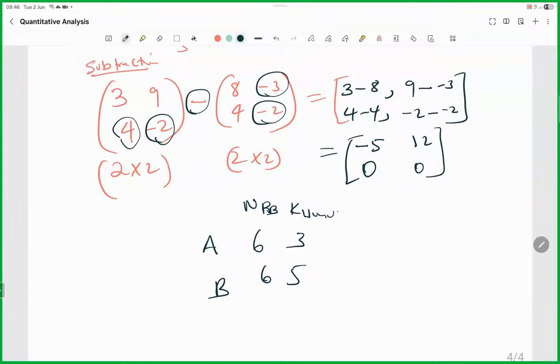This is the cost of transporting goods from A to Nairobi, 6. This 3 is the cost to transport goods from A to Kisumu. The same case here with B: transporting goods from B to Nairobi, 6, like that.